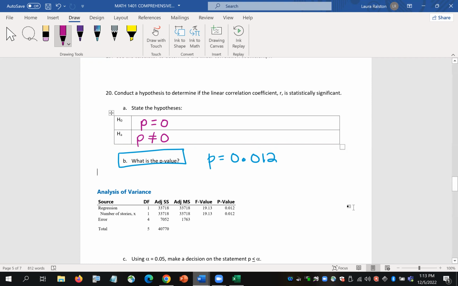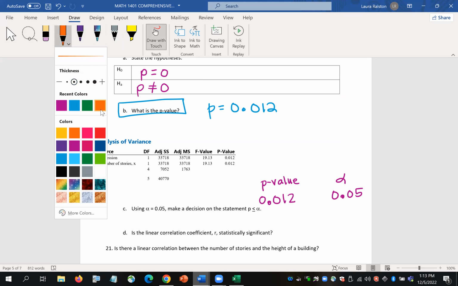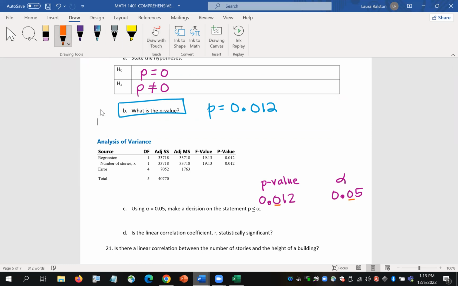But you are misinterpreting it when you get to the end. If I compare the p-value to alpha, 0.012 compared to 0.05, 1 is less than 5, so p is less than or equal to the level of significance, which means we're going to reject the null.